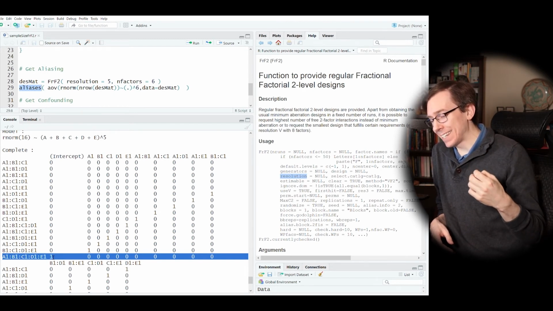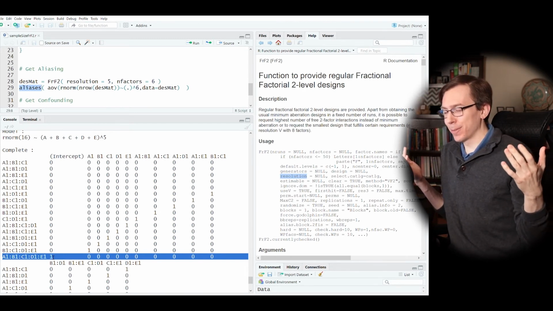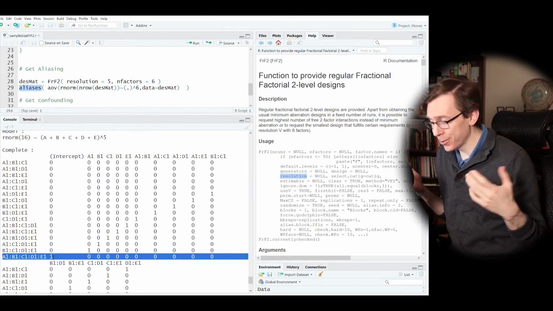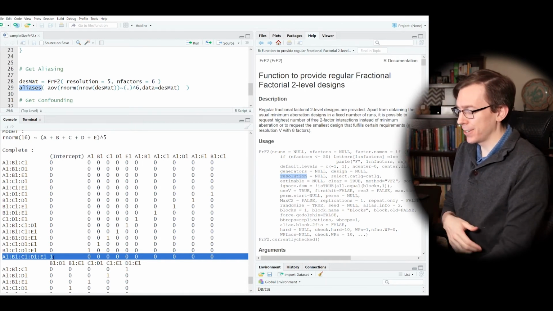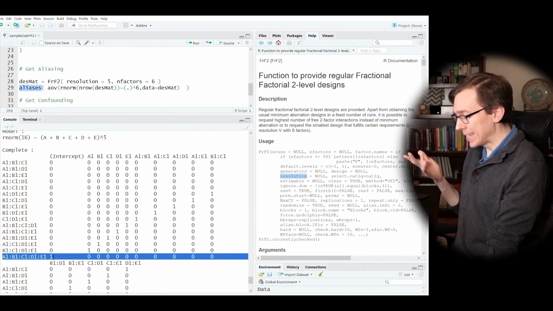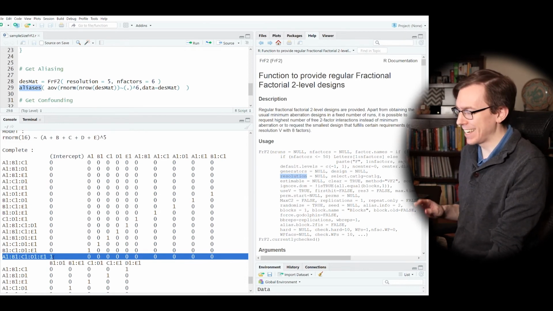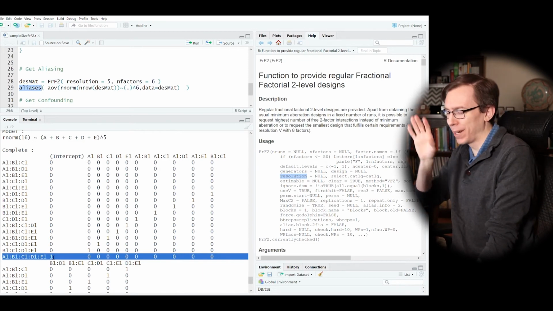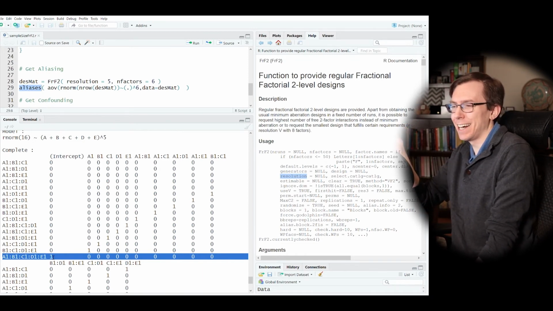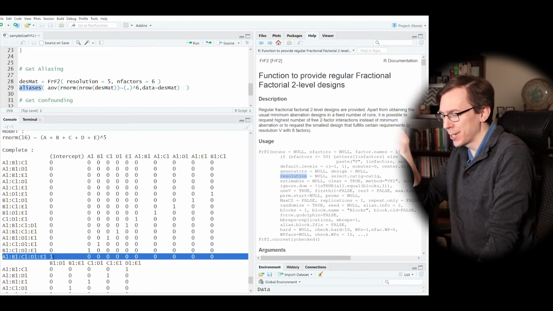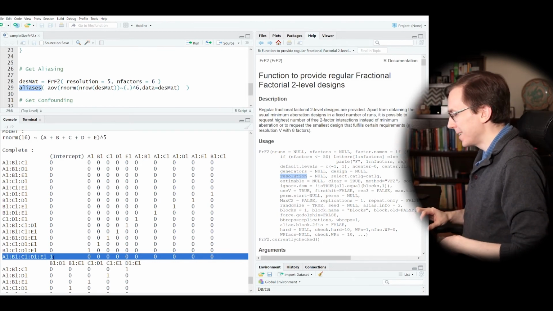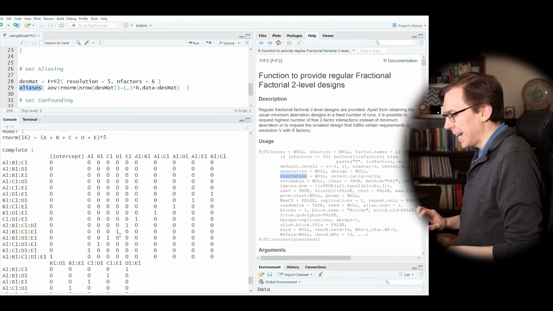So what that means is that it says, well, I might as well just do a resolution 5 because it's the best choice given 5 factors. So in this case, it kind of fixes your problem for you. It says, you wanted a resolution 4, but on the same data size, I can give you a resolution 5, so I'm just going to do that because that's the smarter way to do it. Again, it's kind of a neat function.